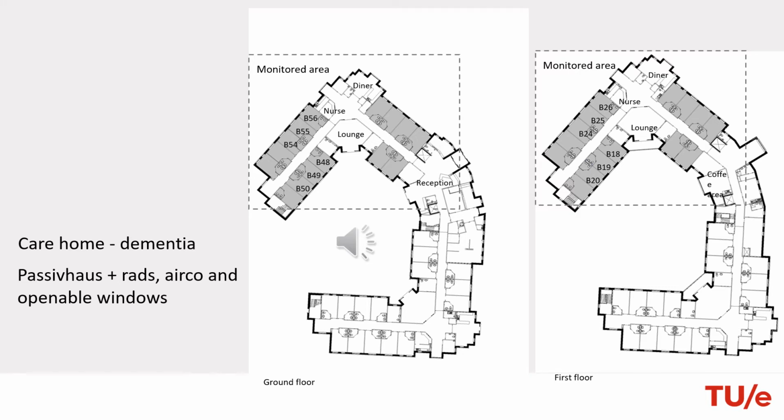Something special is that the designers and builders were specialized in dementia care and care homes, so they knew the target group very well. So even when they wanted to experiment with passive house, they also wanted to make sure that they had a backup plan. They added radiators in all the bedrooms, air conditioning in the common areas, and all windows in the building were openable the whole year.